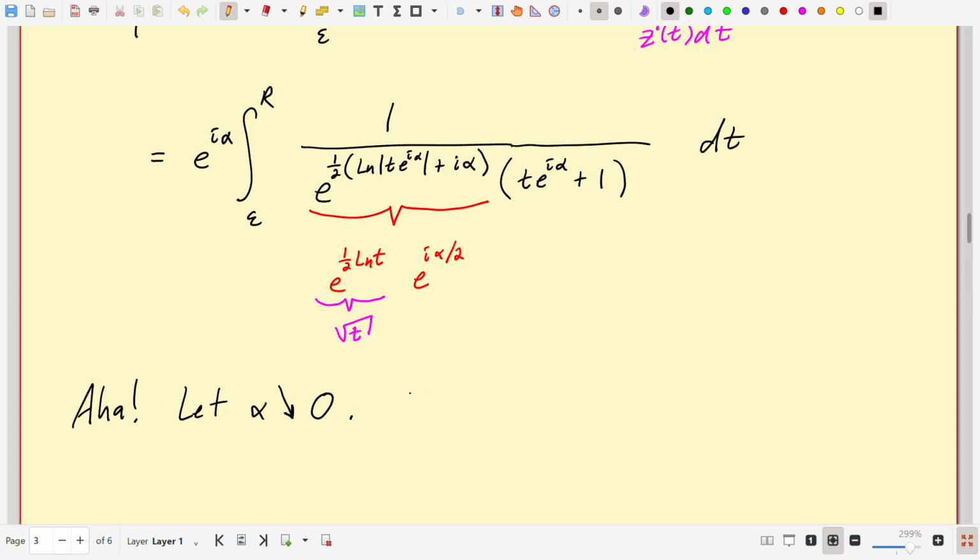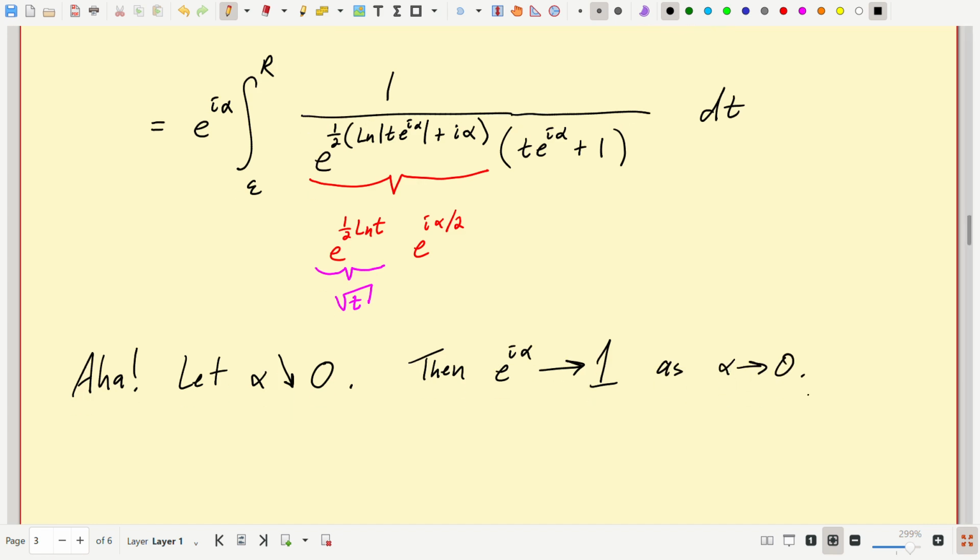Then the e to the I alpha tends to 1 as alpha tends to 0. And so does the e to the I alpha over 2.